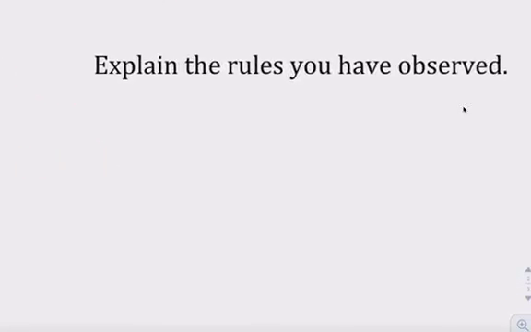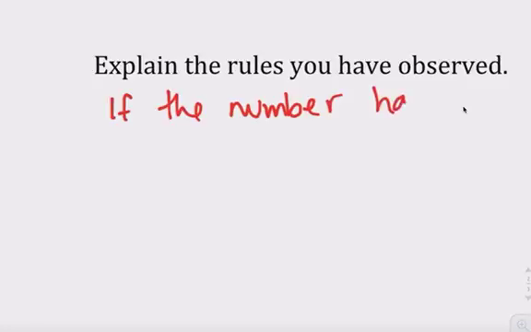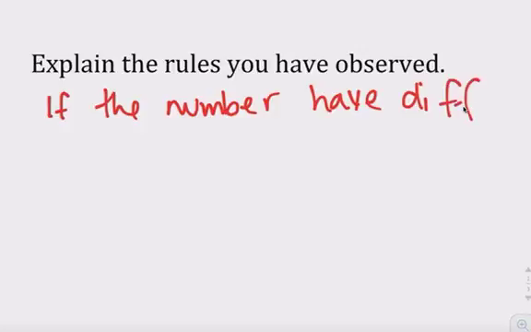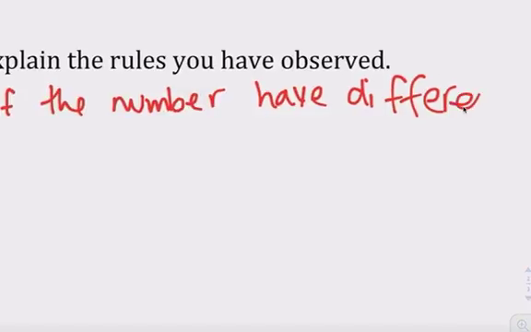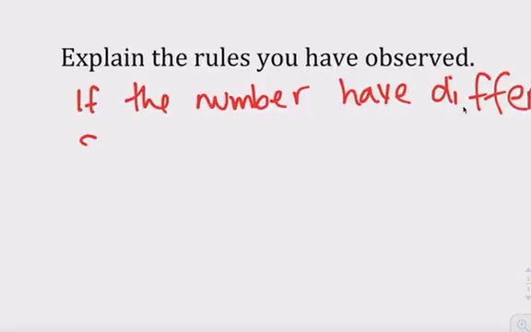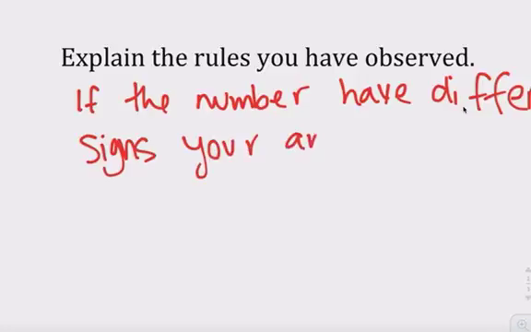Explain the rules you have observed. The rules you observed is if the numbers have different signs, you will subtract.